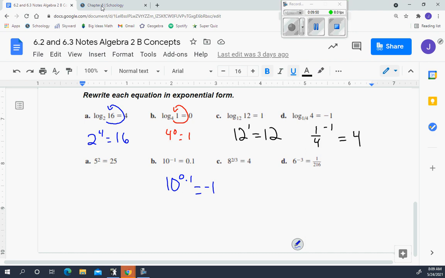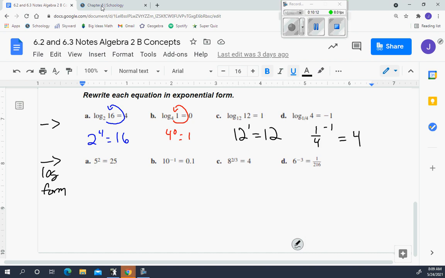Oh, wait. Oh. These are already in exponential form. I have to write more directions. Haha, I see my mistake. These top four are in logs. These are in exponential form. I want you to write in log form. I'll change the directions here after this video.